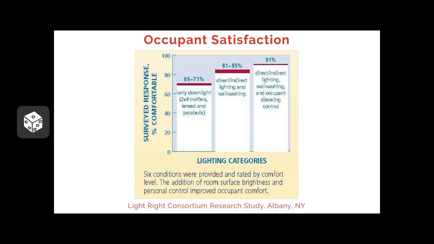And then you add that the occupant has dimming control, you get another 5 to 10% on your occupant satisfaction. So it's the final one, direct indirect lighting with wall washing, and the occupant gets to control the situation.